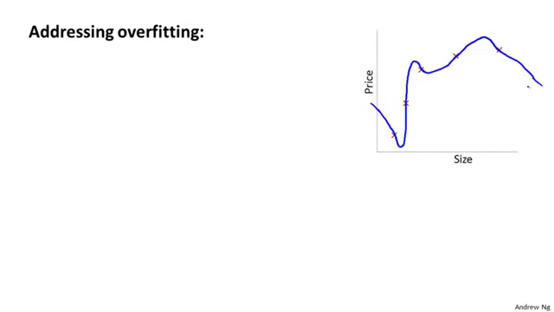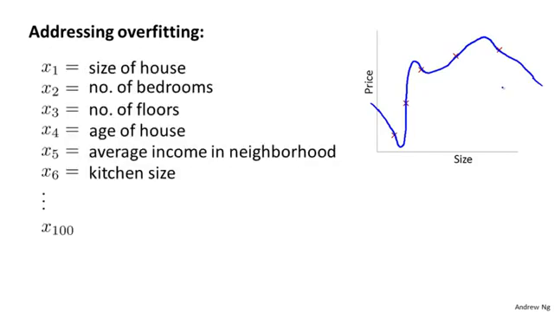So plotting the hypothesis could be one way to try to decide what degree polynomial to use, but that doesn't always work. In fact, more often, we may have learning problems where we just have a lot of features. And it's not just a matter of selecting what degree polynomial, and in fact, when we have so many features, it also becomes much harder to plot the data and much harder to visualize it, to decide what features to keep or not.